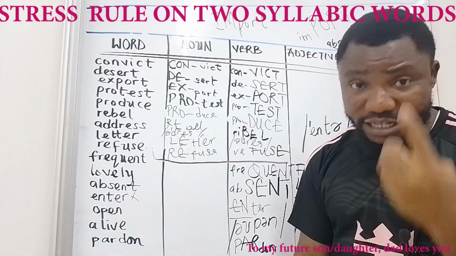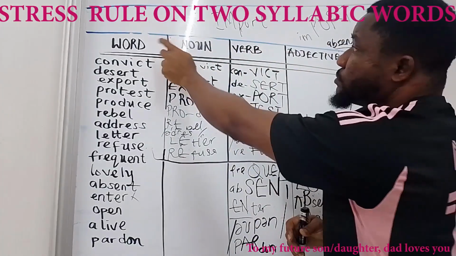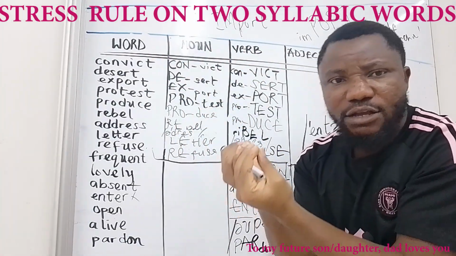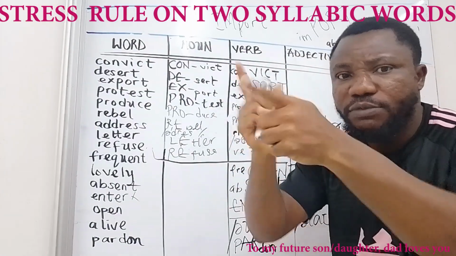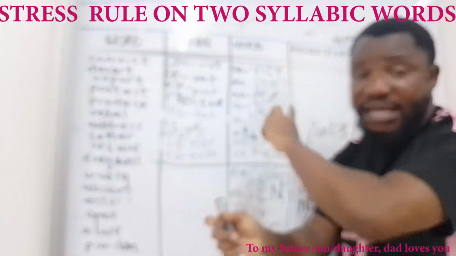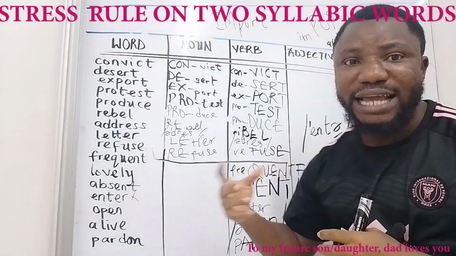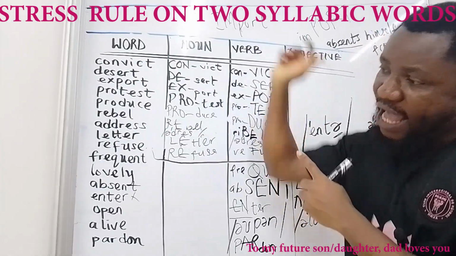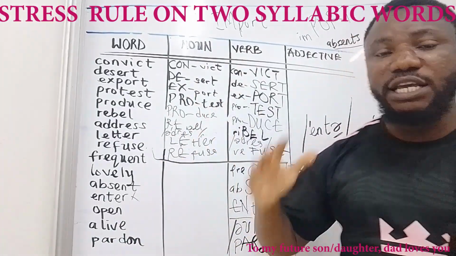One of the exceptions is that for the noun, if the first syllable contains a weak vowel sound, like a short sound, you run away from the first syllable and you go to the second. The second syllable will take the stress. And when you have a short sound ending a word, the second syllable, please run away and go to the first syllable, because weak syllables aren't usually stressed.